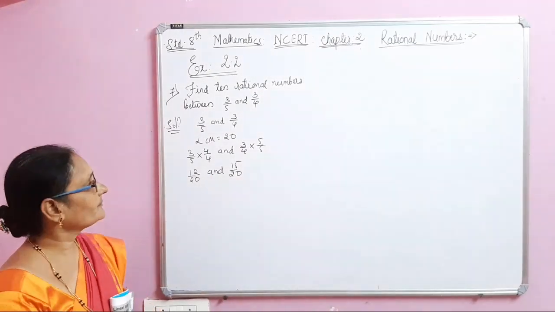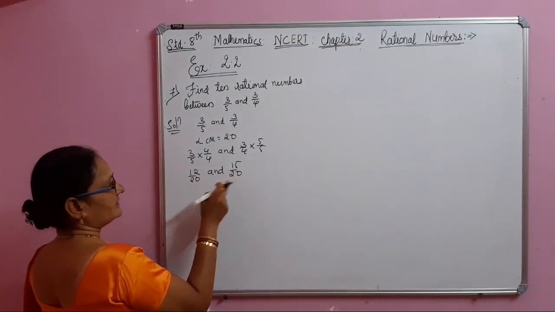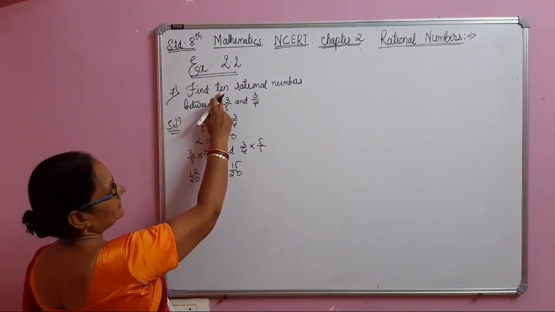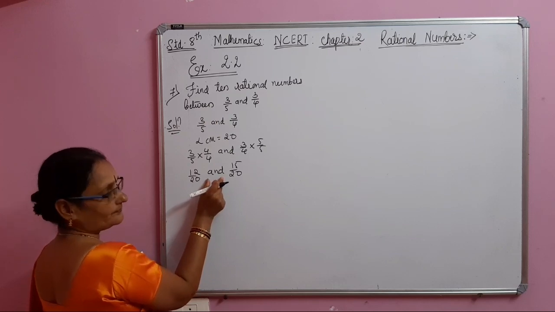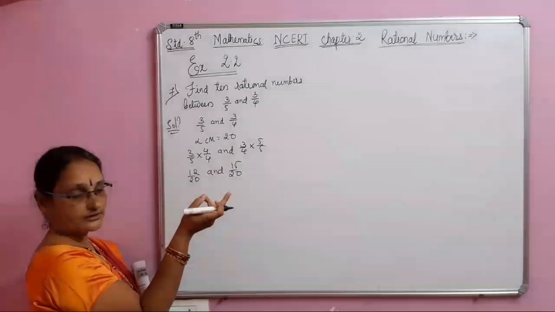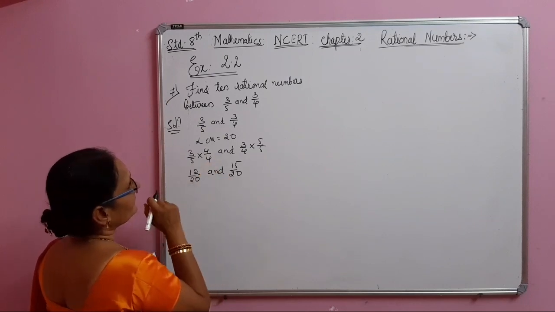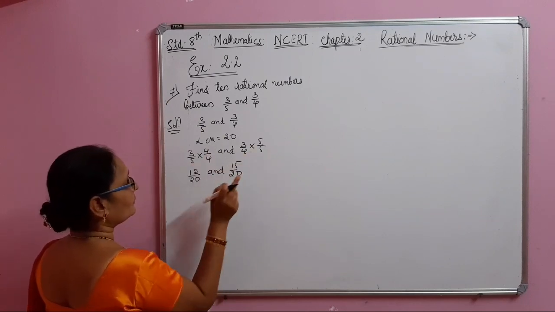So what do we have to do? We want 10, and here we are getting just 2. Remaining 4 we want. So better we multiply with a bigger number.